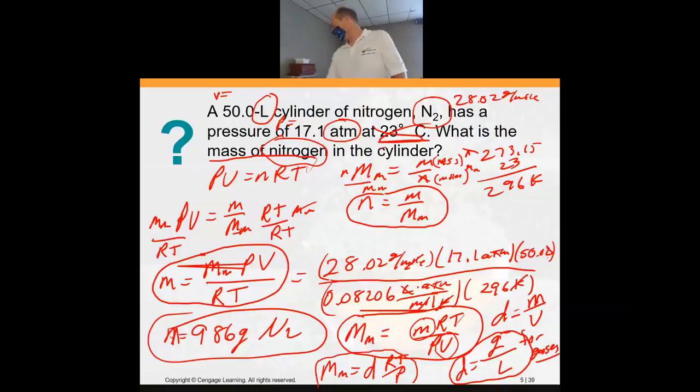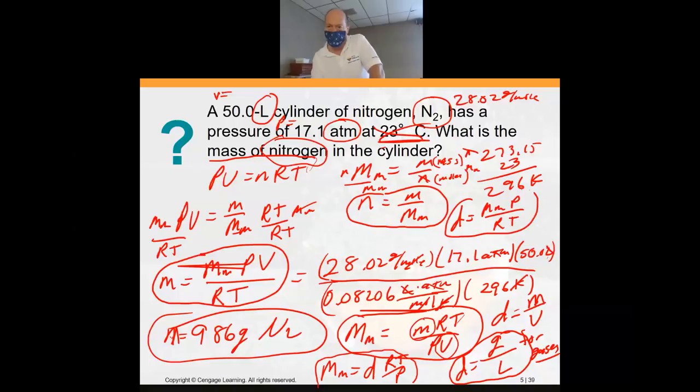It's always going to be in grams per liter for density of your gases. All right, you could also solve for density. So if you solve that for density, let's say they wanted the density of this, we'd have to multiply both sides by P. So you'd have your molar mass times your P divided by RT.